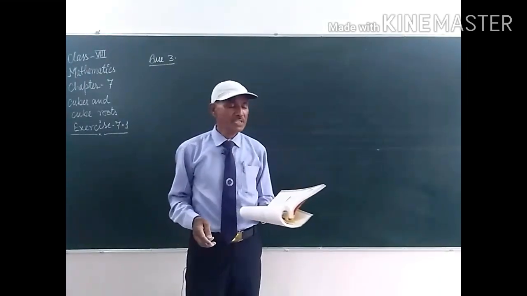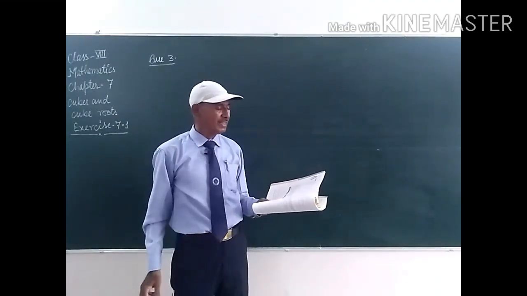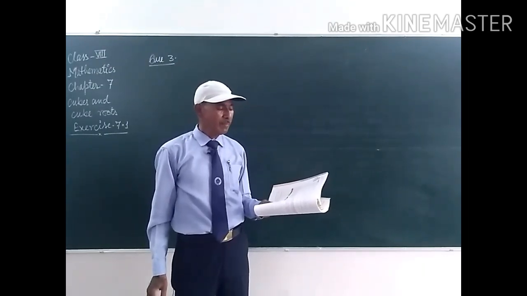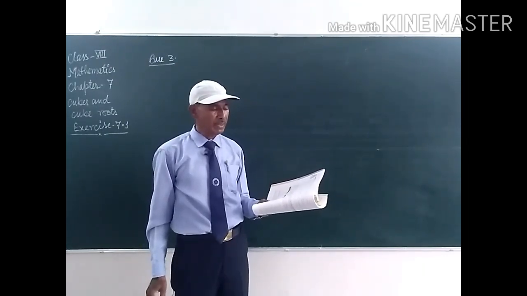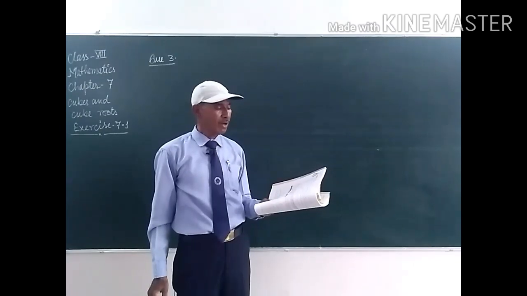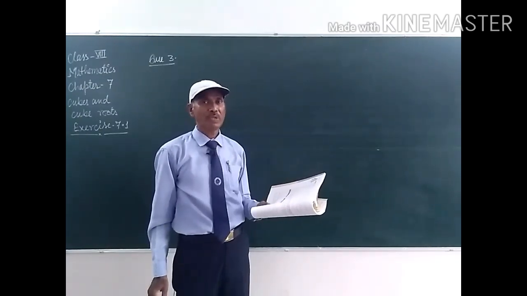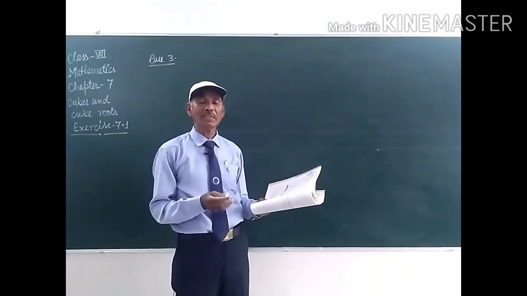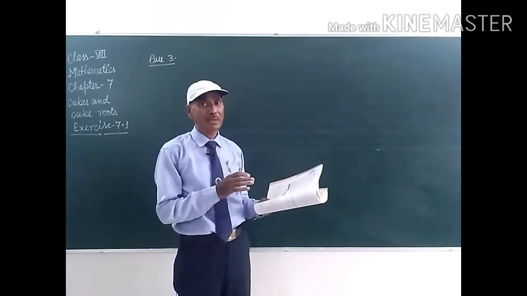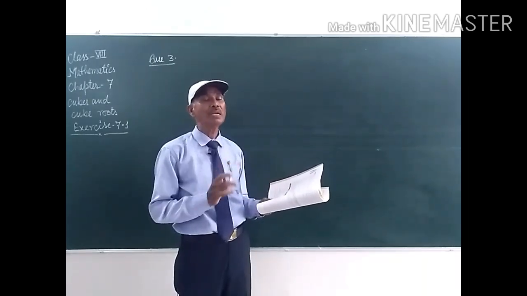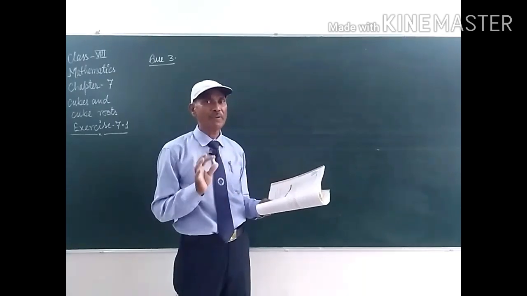Clear, student? This is question number 3, and in this, find the smallest number by which each of the following numbers must be divided to obtain a perfect cube. Same type of question, but in this question we have to find the number by which it must be divided to get a perfect cube number.